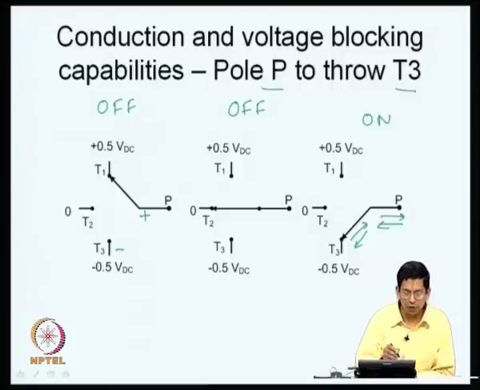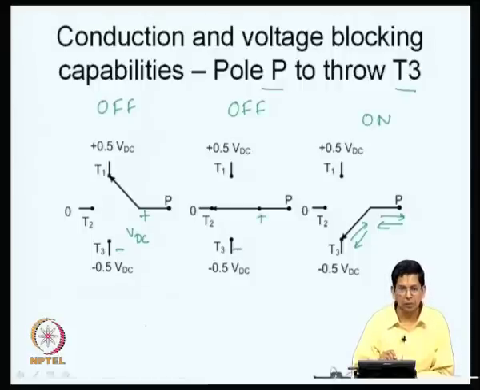This is plus 0.5 VDC, this is minus 0.5 VDC, therefore, you have VDC across here. Once again you look at P and T3 in this state, pole P is positive with respect to throw T3. Now, P is connected to 0 and T3 is connected to minus 0.5 VDC, therefore, the potential between the two is 0.5 VDC. So, the higher of these two is VDC.